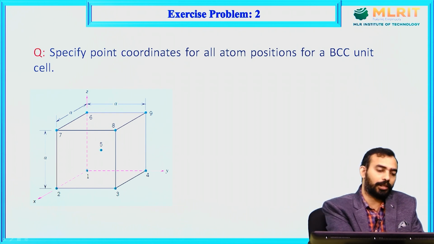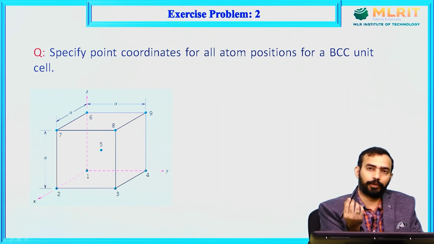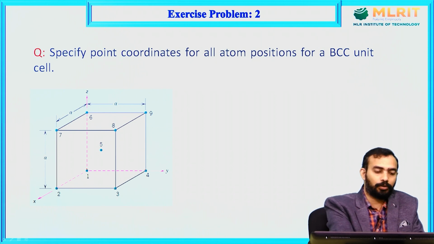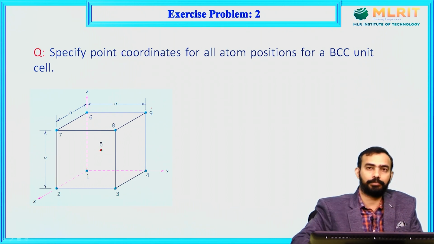We know that there are 8 corners, so 8 atoms, and at the center of the unit cell we have one complete atom, the body centered atom. Corner atoms 1, 2, 3, 4 I have taken, and this is the center atom, the fifth one, and 6, 7, 8, 9. These are the total atoms within the BCC unit cell.